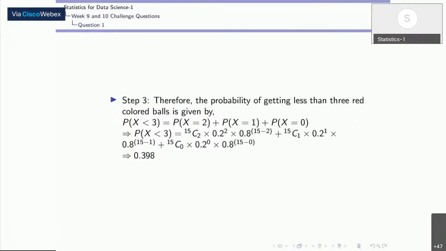It's a simple calculation using the binomial distribution formula, nCr p raised to r into (1 minus p) raised to n minus r. By using that we get the value 0.398.